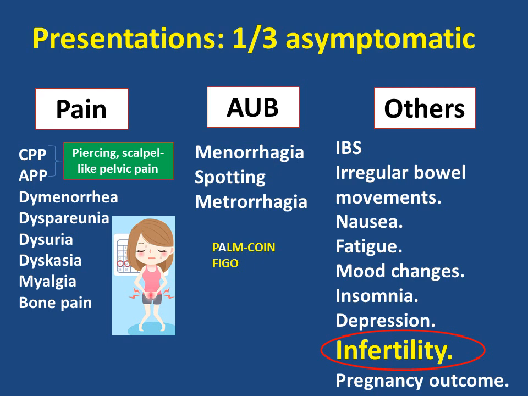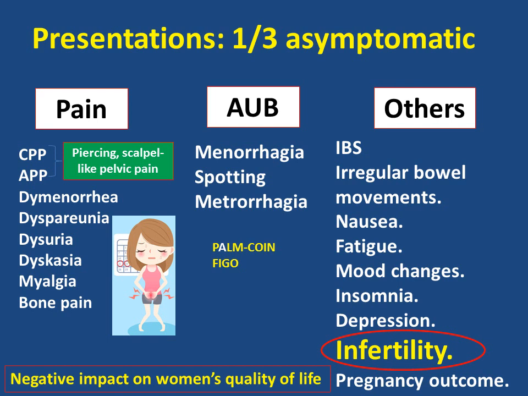Sometimes the pain is congestive dysmenorrhea, dyspareunia, dysuria, dyschezia, and generalized muscle pain due to anemia and exhaustion from this pain, and bone pain also due to anemia and generally bad condition. Because this disease affects the patient's quality of life, it will be impaired, and it definitely has a negative impact on the woman's quality of life.